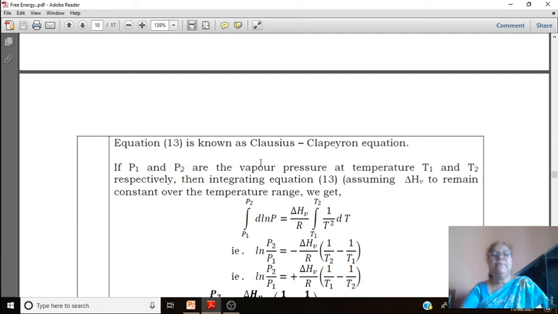and this equation is known as the Clausius-Clapeyron equation.